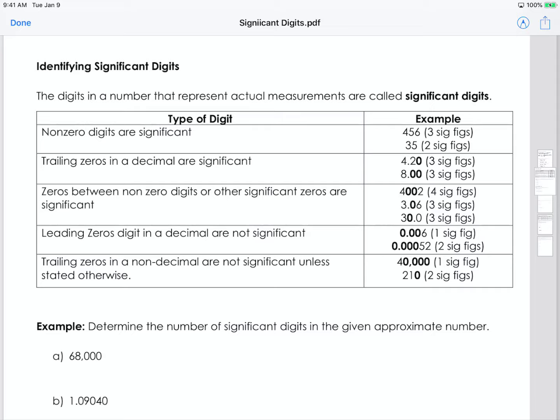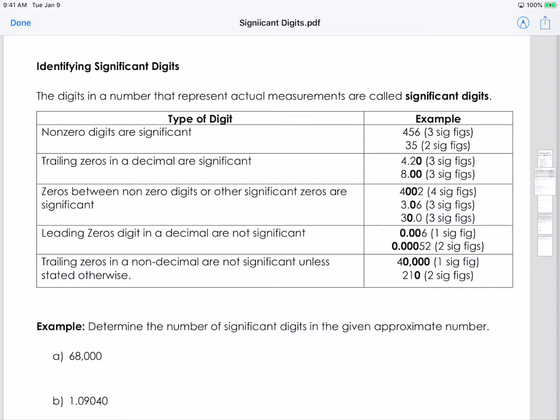When you're rounding approximate numbers, you want to make sure that you capture the most interesting or the most important digits based on the circumstances and how accurate you want to be with your measurement. And so these important or interesting digits are called the significant digits.